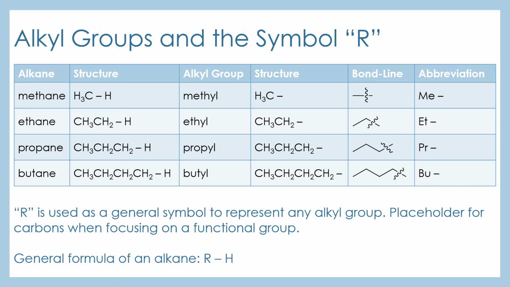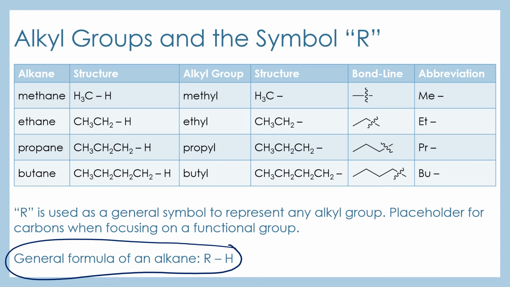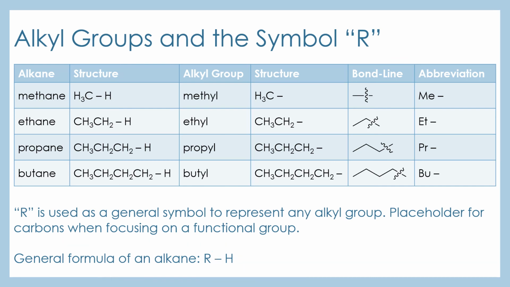And so we're going to use the letter R a lot in order to just take the place of the carbons so that we can focus on the functional group. So for example, if you look down here at the bottom, the general formula of an alkane is RH. And what that means is that this is any number of carbons and hydrogens, but there has to be a hydrogen on the end of that link.